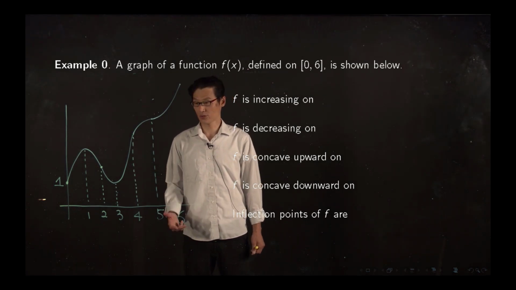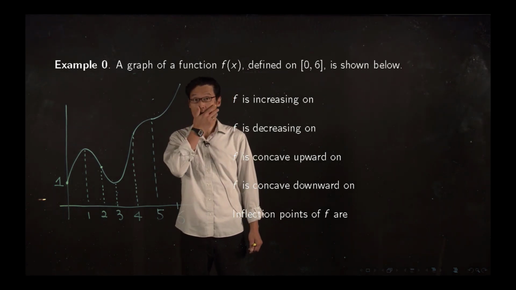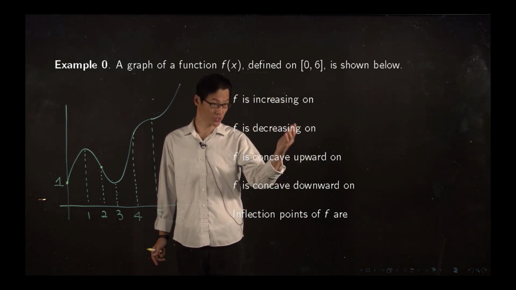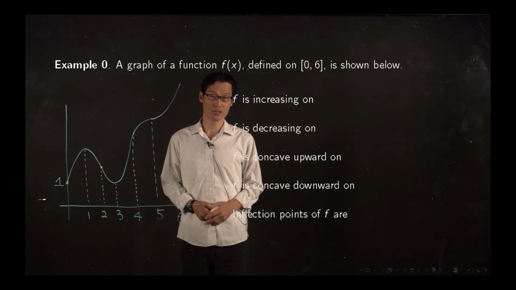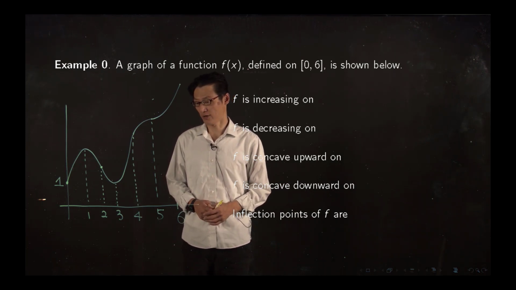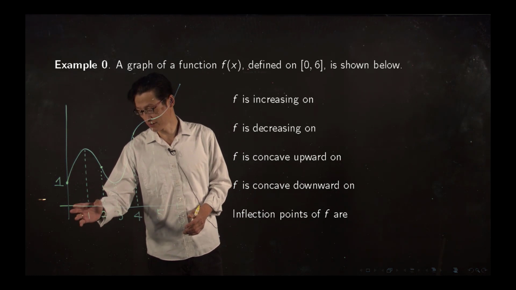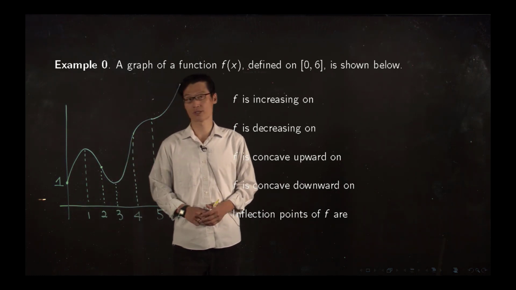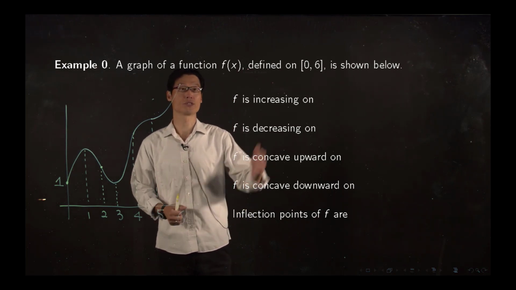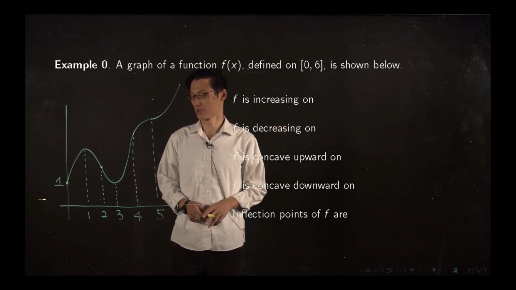Okay, so let us use this graph to find where your function is increasing, decreasing, and its concavity. So we have a function defined on an interval from 0 to 6. You want to tell where your function is increasing and decreasing first.